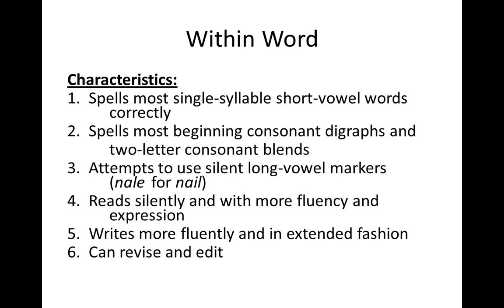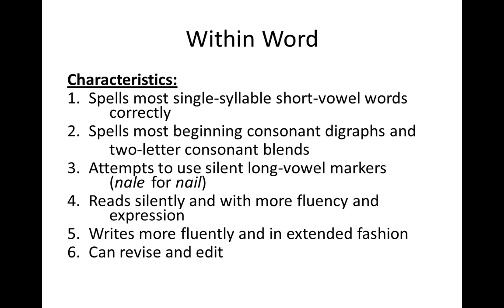However, as children progress in both their reading and spelling, they move to what's called the within word pattern stage. This is typically children who are 7 to 10 years old, so mid-elementary grades. They spell most single word short vowel words correctly.